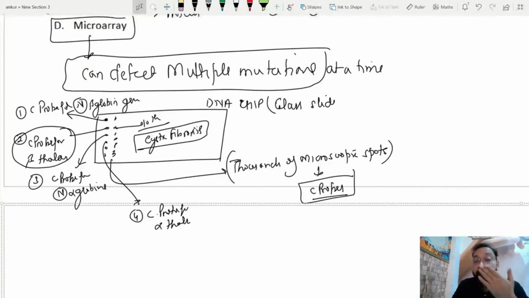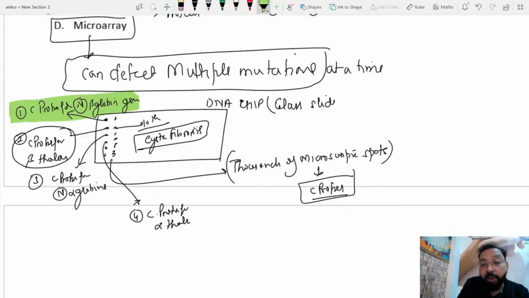Now this sample will be flowed over the DNA chip. If the patient has a normal beta globin gene, then the complementary probe for the normal beta globin gene will bind to the normal gene of the person.